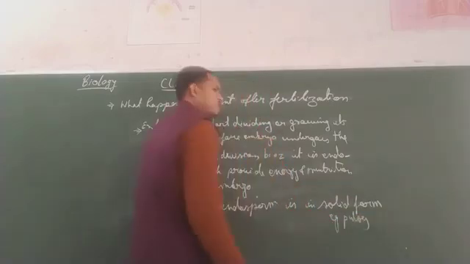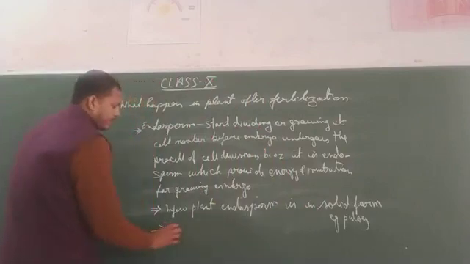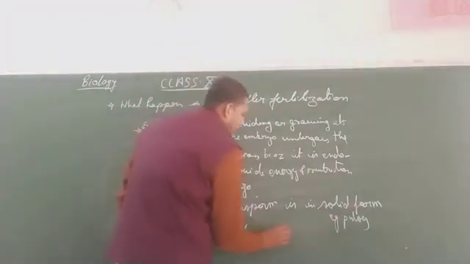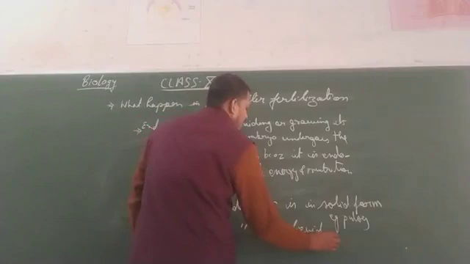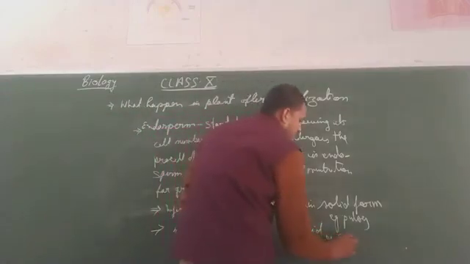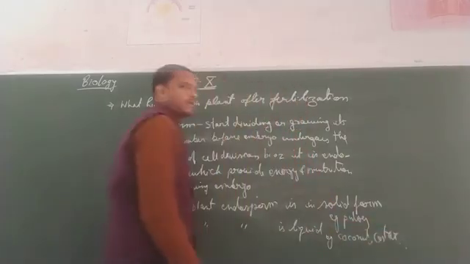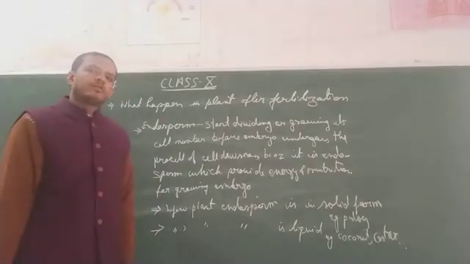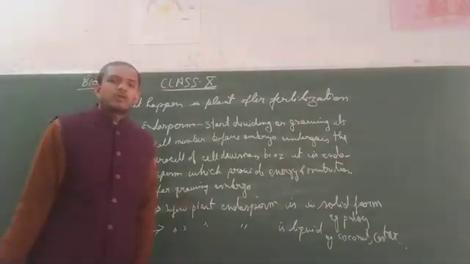In the case of pulses, you mostly find the cotyledon solid. In a few plants endosperm is liquid, for example coconut, castor, etc. These are the plants where endosperm is liquid, and there are very few plants in which the endosperm becomes solid.